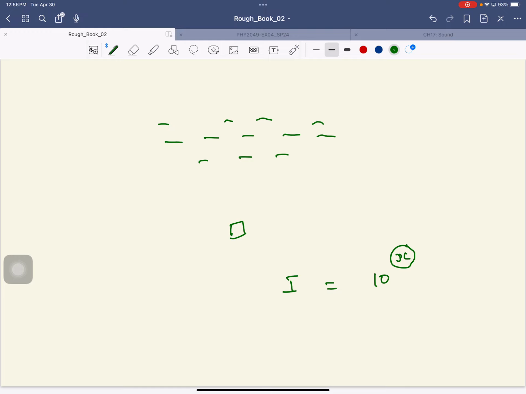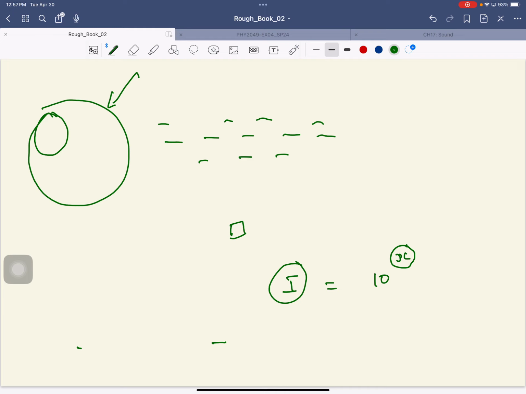We have adapted that because you want to be able to hear a large range of intensities. You don't want to devote too much of your processing power. This is your brain.